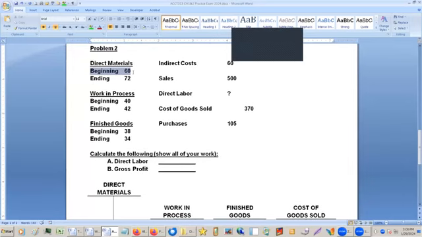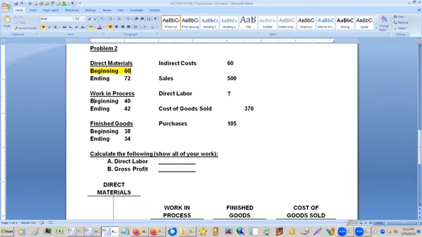But I'm gonna put these in here. Okay, and you put everything in the same way as you normally would.